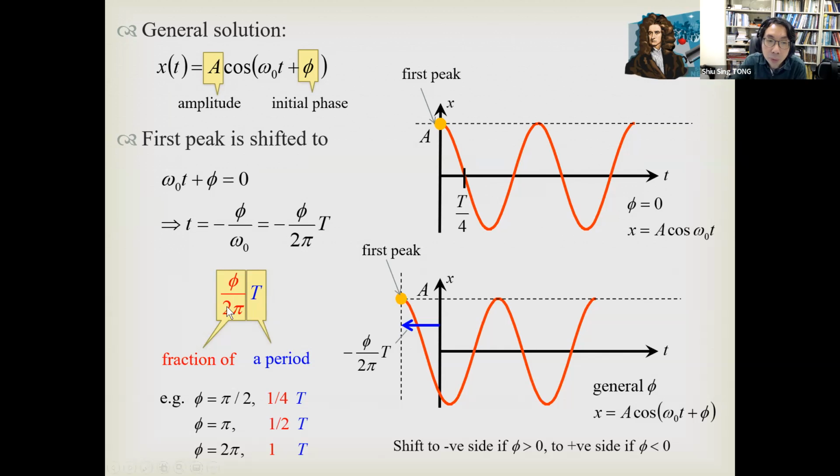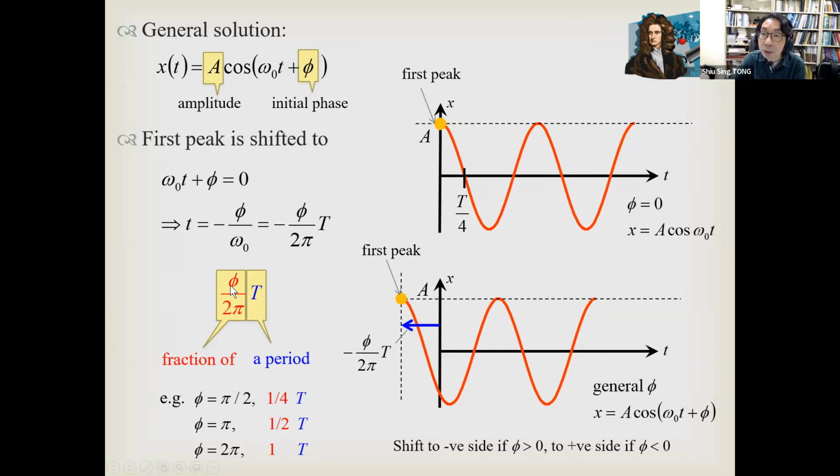And when you add a phase, phi over 2 pi means a fraction of the cycle. If phi is equal to 2 pi, that means 1 cycle. If phi is equal to pi, that means half of a cycle, and so on. For each cycle there's a period, the time for the particle to oscillate one cycle, so this is actually a fraction of a period.